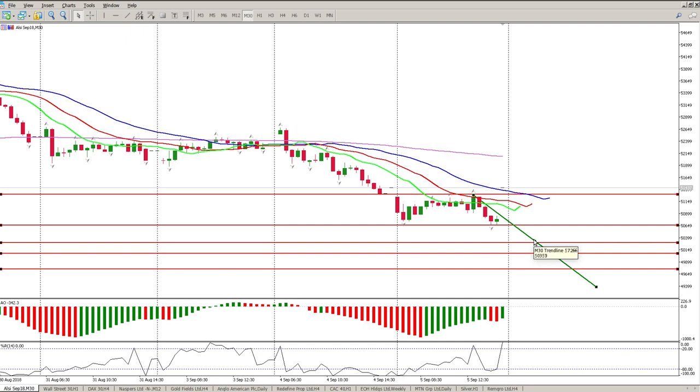Okay, so that would be the measured move target, and to me the most logical one would be a break of this range, which brings us to this level here.